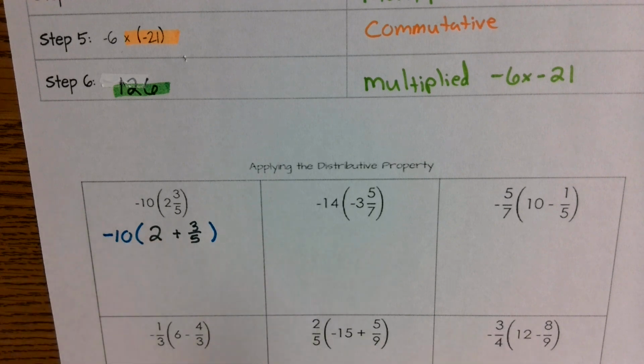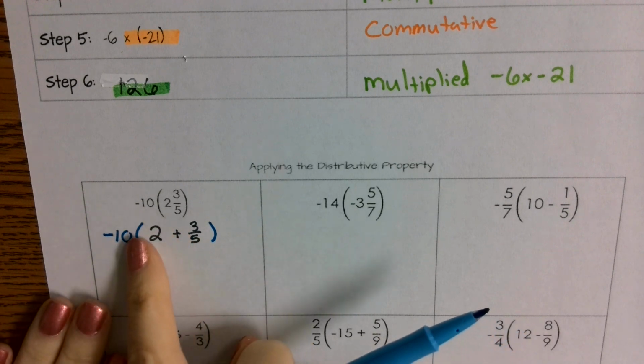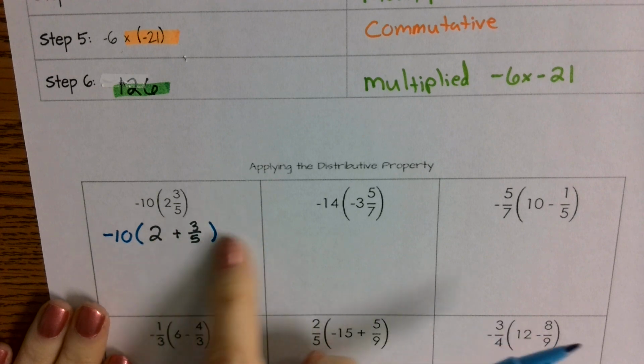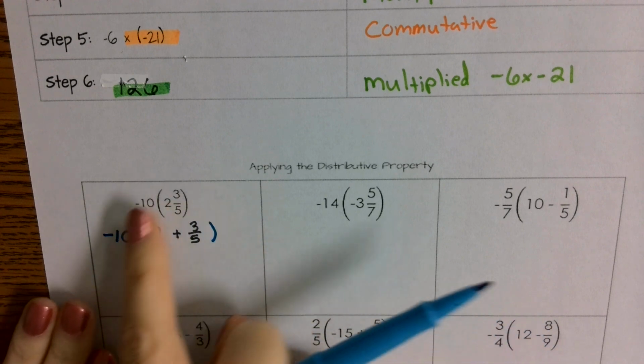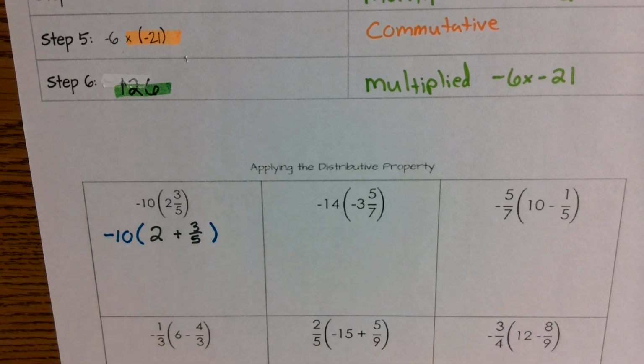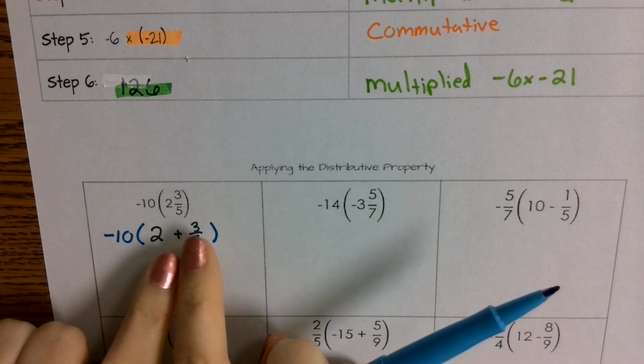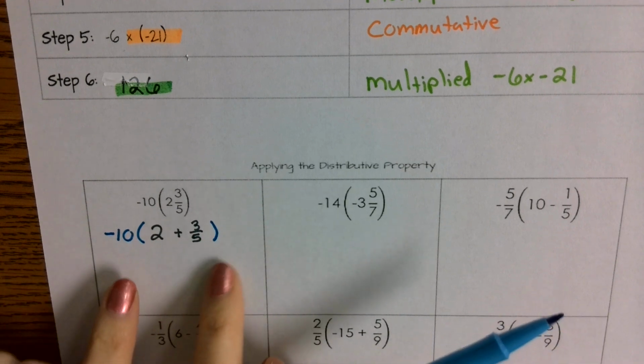Now from here, we're going to use our distributive property. The distributive property indicates that you are multiplying each of your terms on the inside of your parentheses by the value that's on the outside. We're taking the sum and breaking it up into small products.